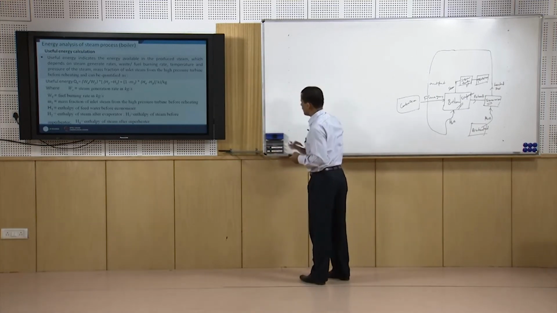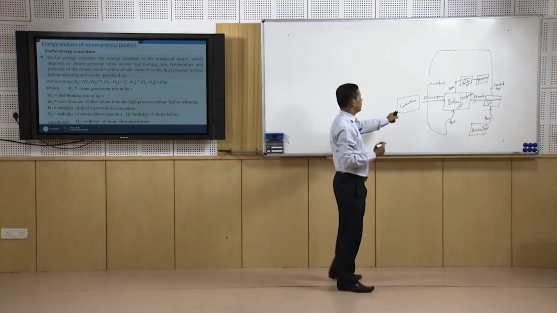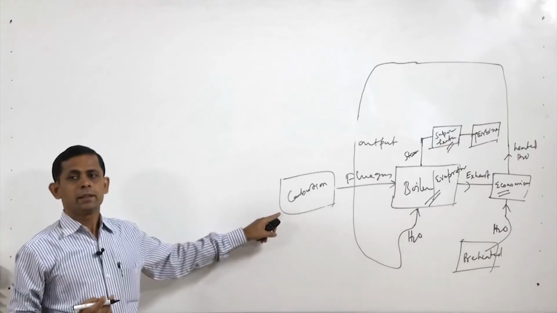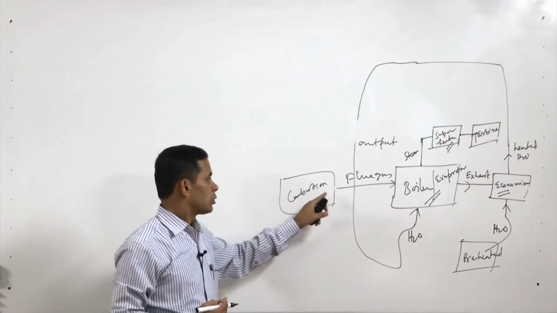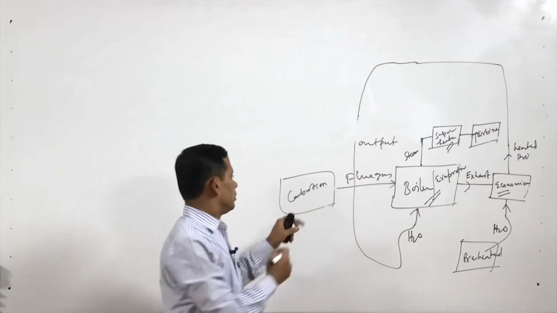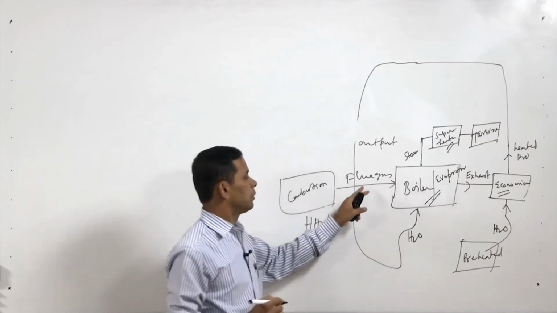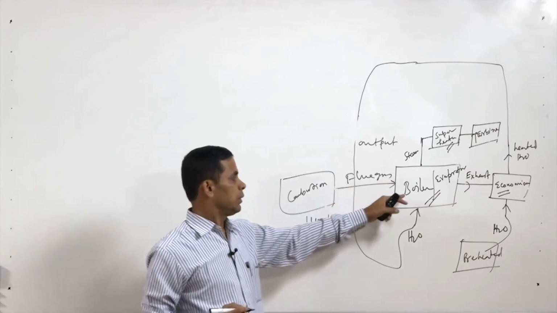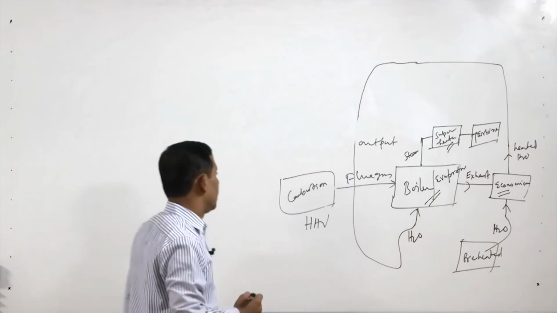Now, let us consider some amount of fuel is used in the combustion unit. So, it is releasing its heating value, the high heating value, HHV, and that will be associated with the flue gas, and flue gas will be used to produce steam.